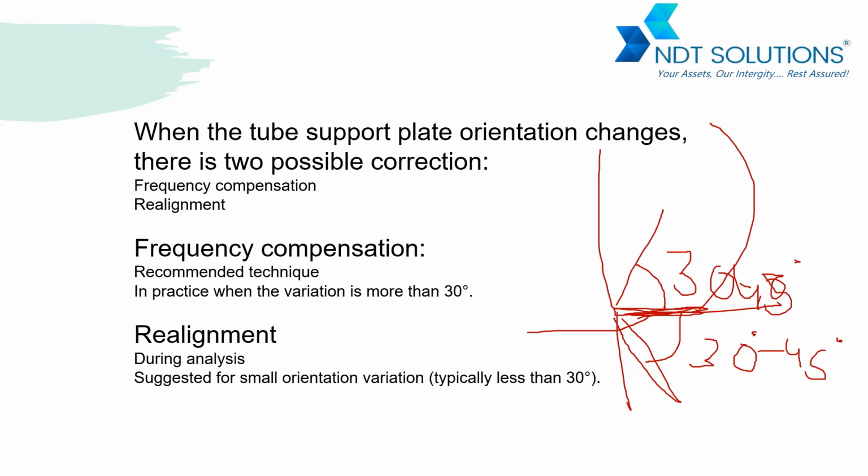If the variation is within 30 degrees, some tubes are coming like this, some tubes like this, then at the time of analysis we need to balance it, keep it horizontal, and then analyze the defect.